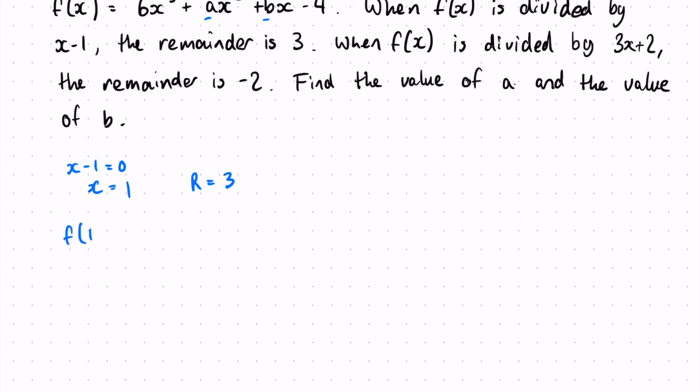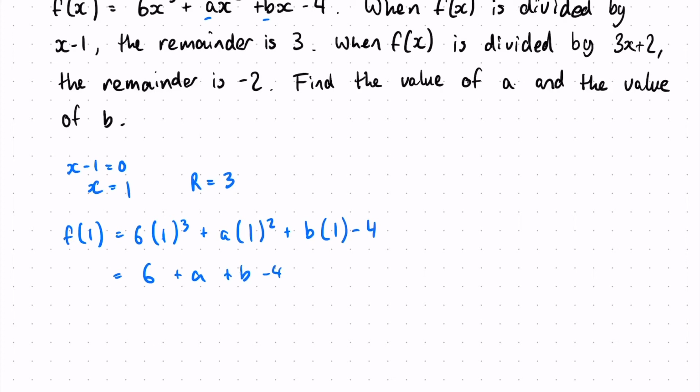So f of 1 is equal to 6 lots of 1 cubed plus a lots of 1 squared plus b lots of 1 minus 4, which when solved down becomes 6 plus a plus b minus 4, and that is equal to 3. Okay, because when x is 1, the remainder is 3, so f of 1 is 3.